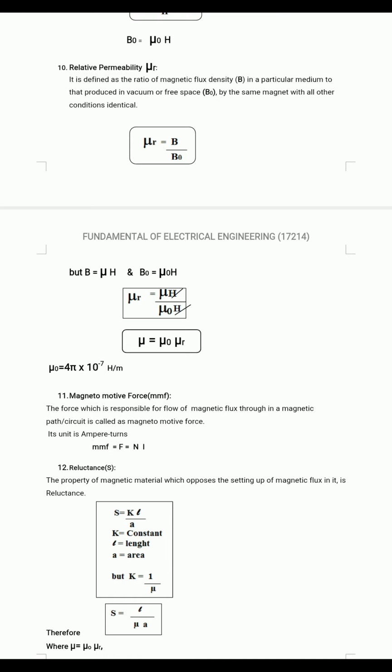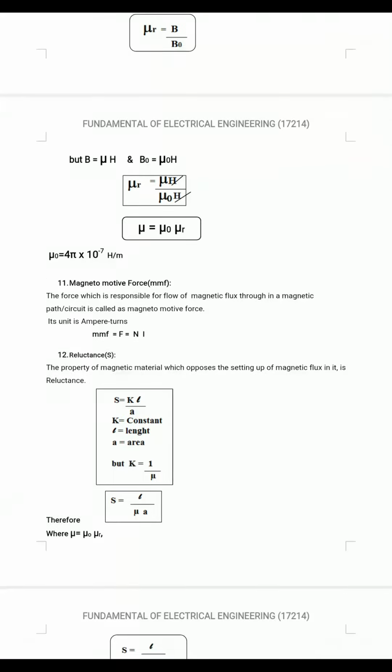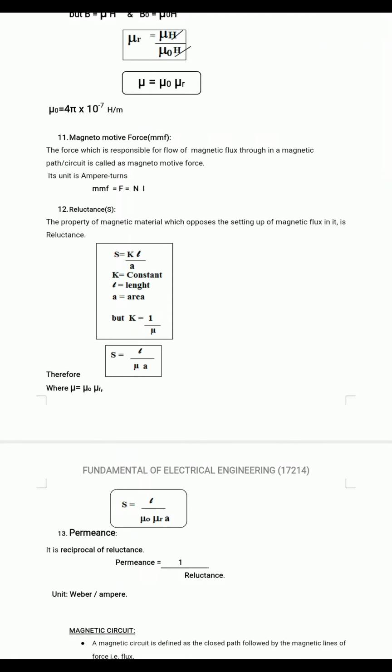Therefore, putting the value of K, we get the formula S equals L divided by mu A. We know that mu equals mu 0 into mu r. So putting the value of mu, we can write the formula of reluctance as S equals L divided by mu 0 into mu r A.